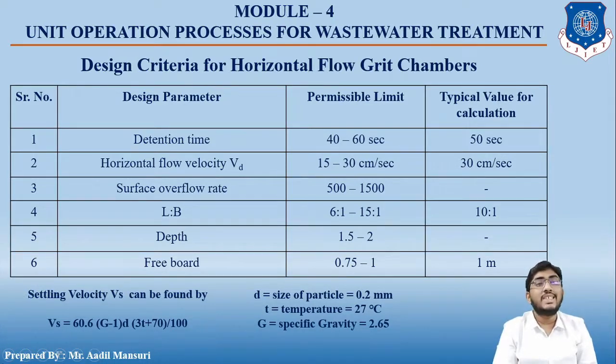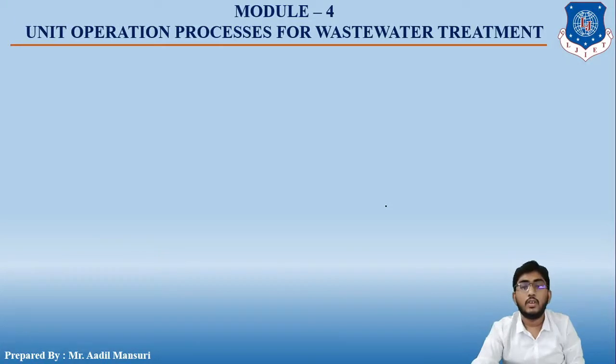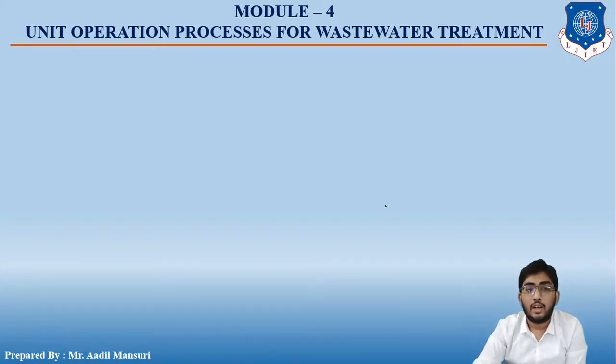Okay, so these are the design criteria for horizontal flow grit chambers. Okay students, so up till now we have completed grit chamber, quantity of grit generated, disposal, and we have also completed the design criteria of grit chamber.